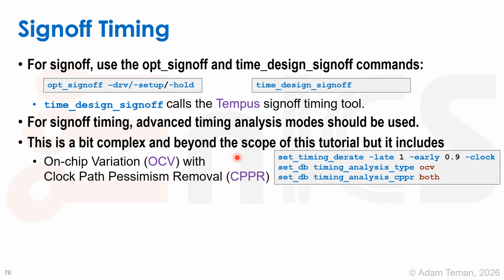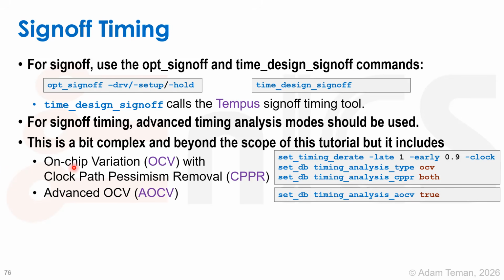It's kind of ridiculous to put these timing derates on that shared part of the clock, and that's what is called clock path pessimism removal, or CPPR, which finds the place where the clock branches off to the two, and removes that from the derates. So you do that with setDB timing analysis CPPR both.